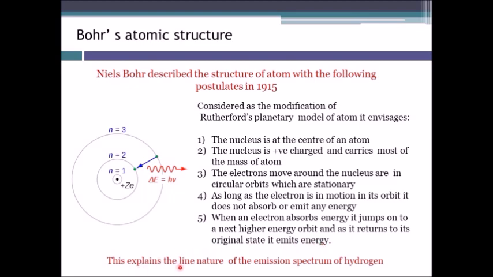This explains the line emission spectrum of hydrogen, and why the hydrogen spectrum is not a band spectrum, because electrons are moving individually from one orbit to another orbit, and in that process they absorb energy, and when they come back to their orbit, they emit that energy, and that is how we get the line.